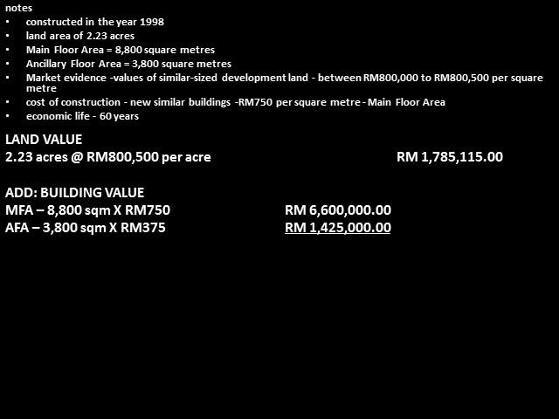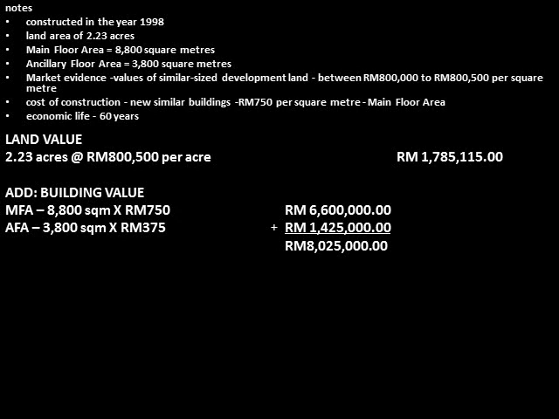Now AFA, 3,800 times 375. How do we get 375? Because it is not given in the question, it is half the cost of MFA. Times these two, you will get 1.4 million. Then total up, about 8 million.